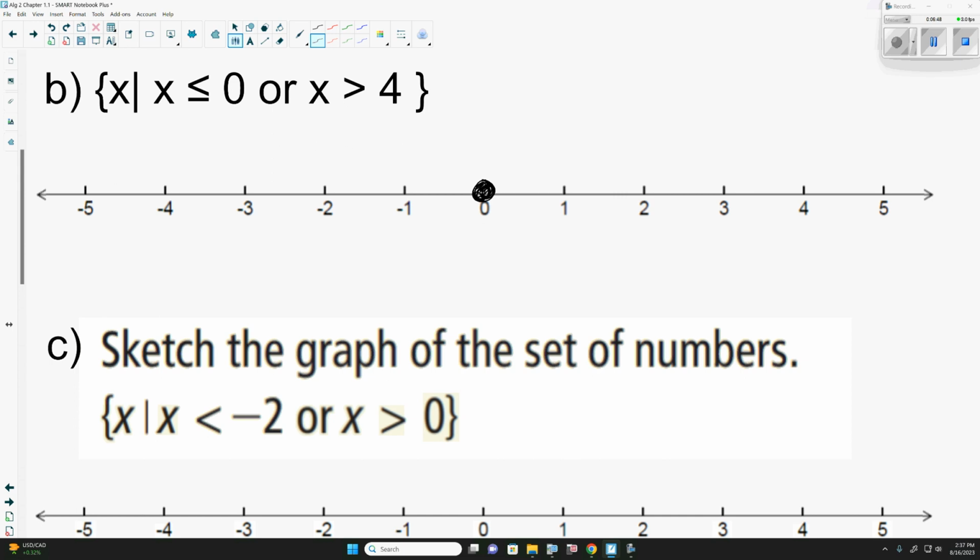Now for this one here, would we shade to the right or to the left? Is x greater than or less than? It's less than, so we want all the values less than it, yes? So it just continues off to negative infinity.